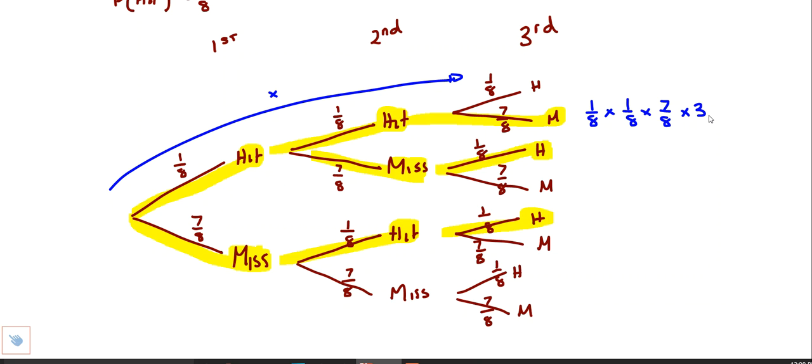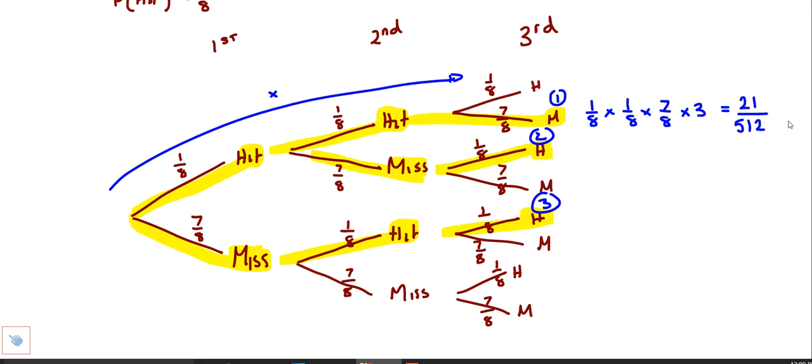Because it's 1 option, 2 options, 3 options, and because they're all independent, there's no change. So 1 times 1 times 7 is 7, times 3 is 21, over 8 times 8 times 8, which is 512. So 21 out of 512. Not likely to happen though.